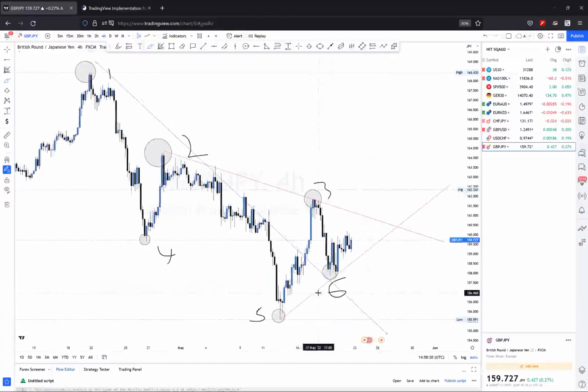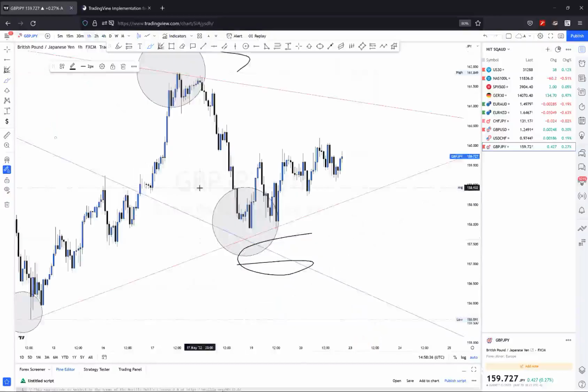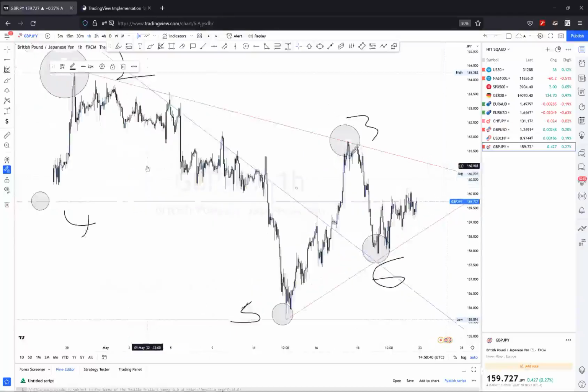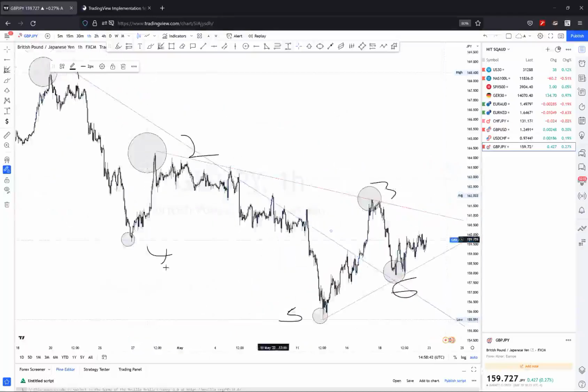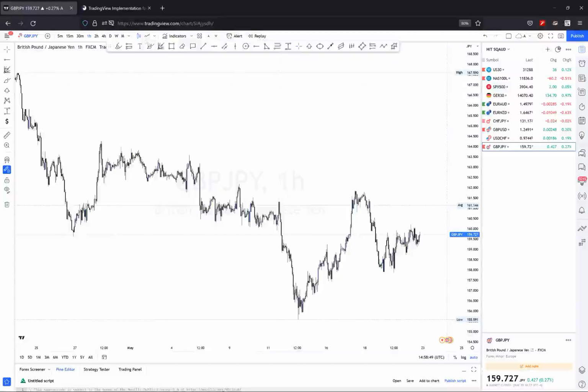GJ was another good trade here. This trade was taken on the 1-hour time frame. So similar to what Euro JPY was doing, price came up to this level here.